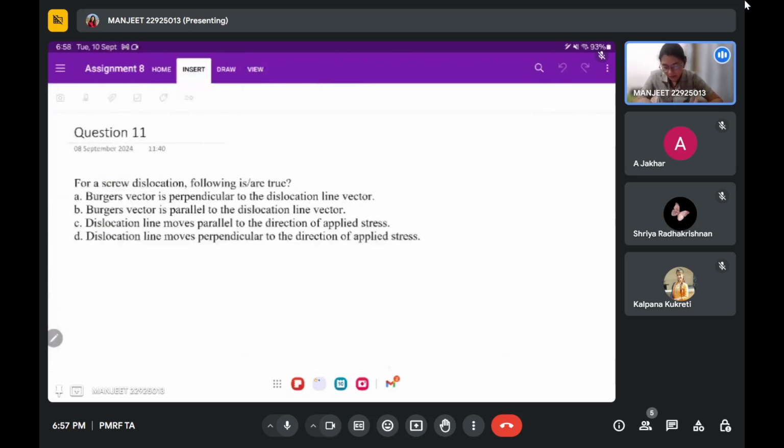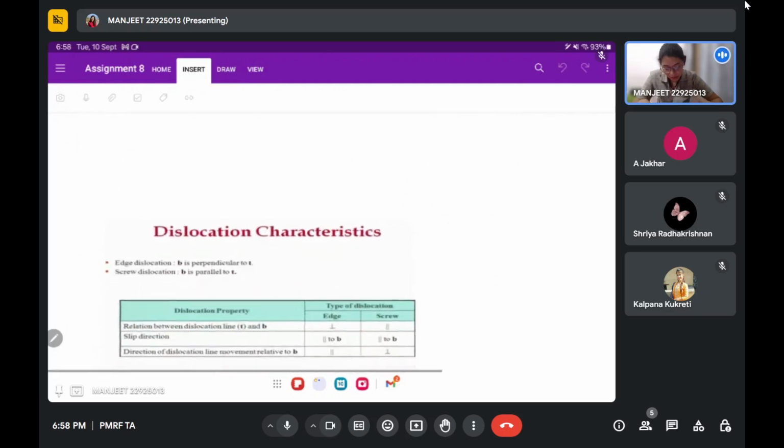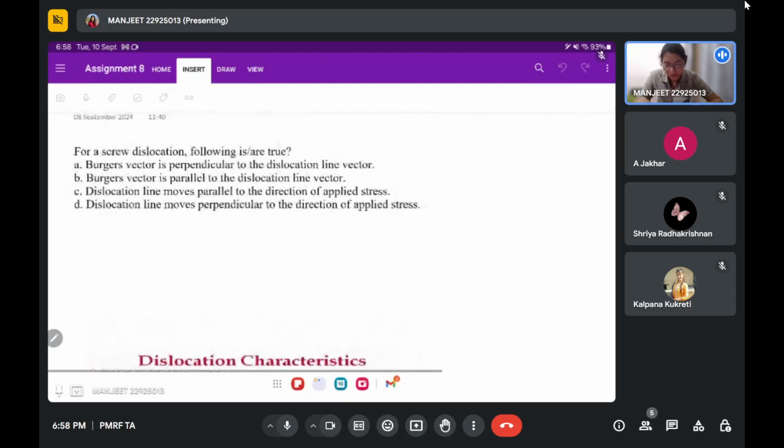In the next question, number 11, for the screw dislocation, which are true? We have already discussed the screw and the edge one.